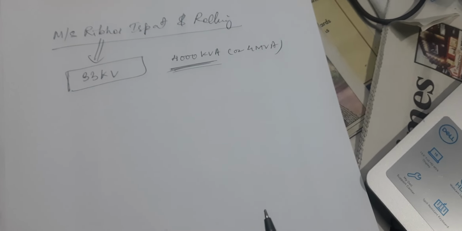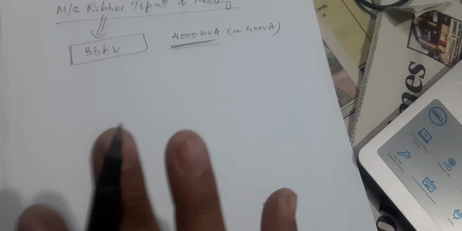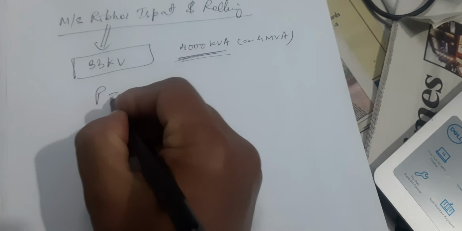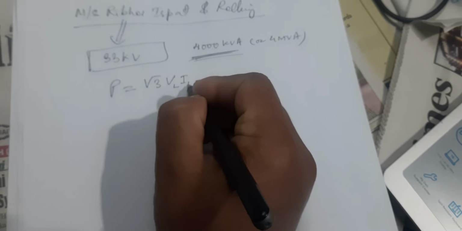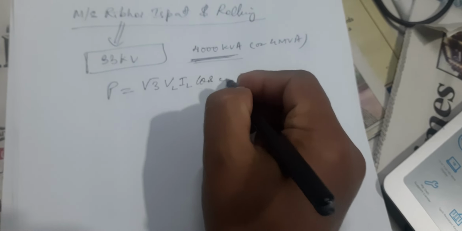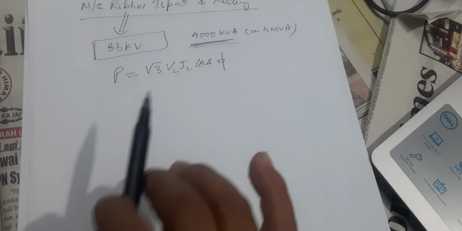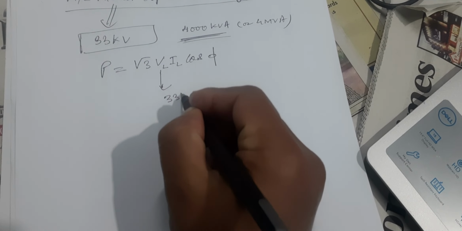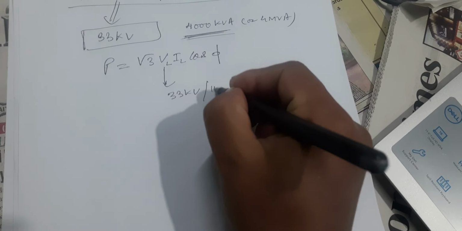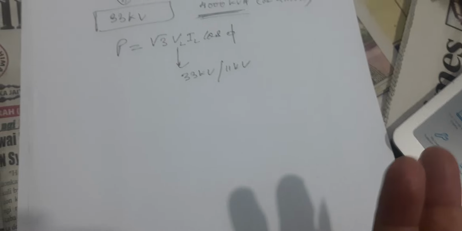That is the question. Now, in this case, you have to always remember one standard formula, that is P equals root 3 VL IL cos phi. This is in terms of the line parameters, where the line voltage is either our 33 kV or 11 kV, depending on whether the consumer takes power at the 33 kV line or the 11 kV line.